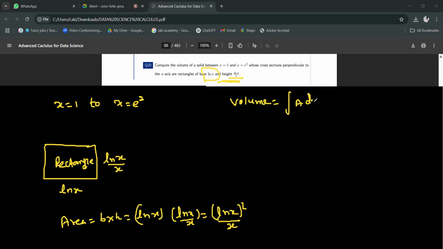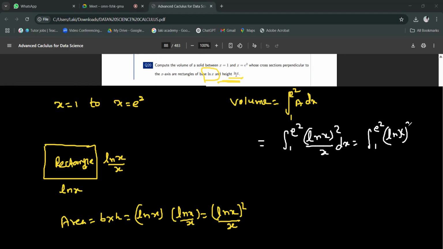Integral of area dx from 1 to e square, right? Area is what? Ln x whole square over x dx. You can also write ln x whole square dx over x.